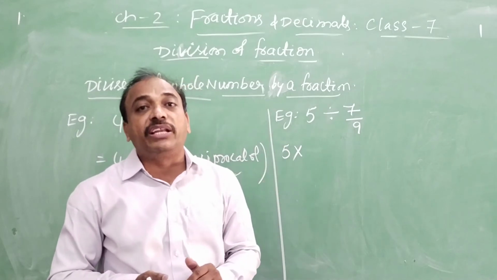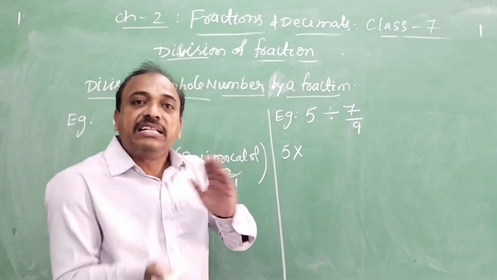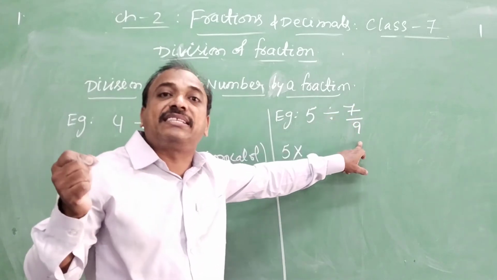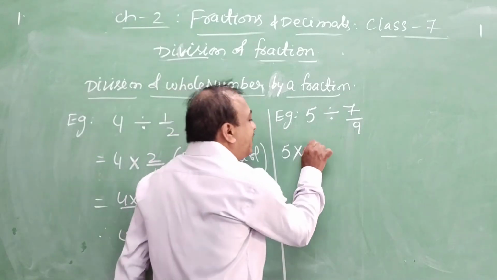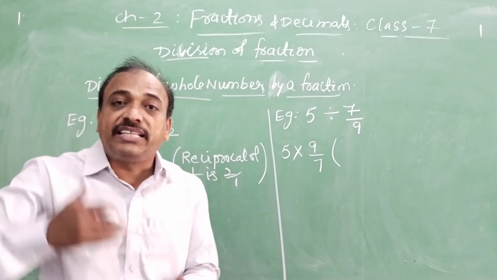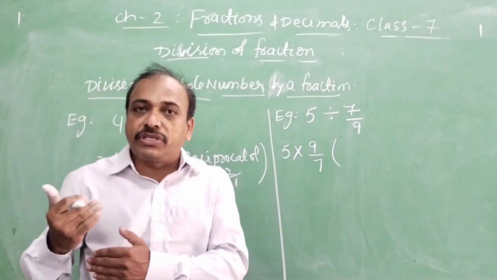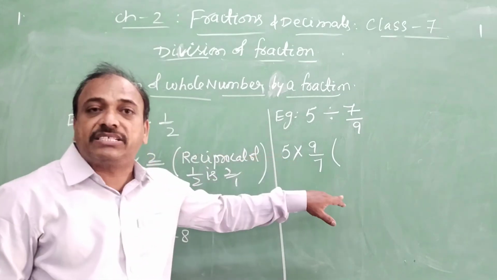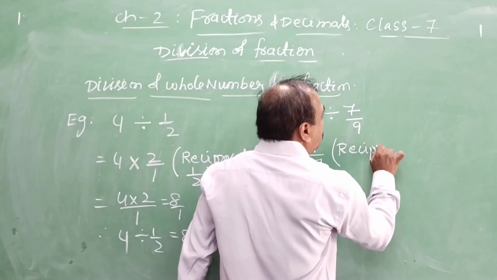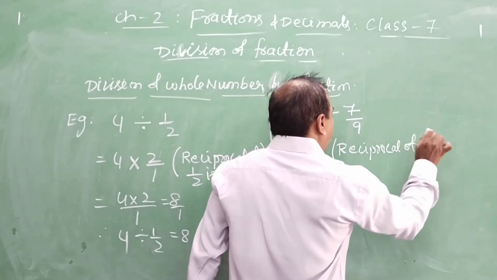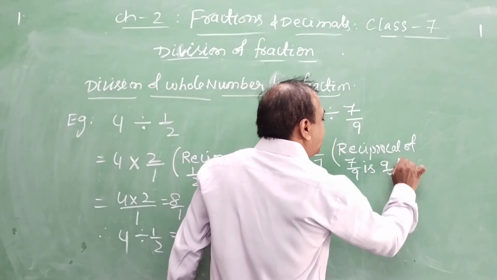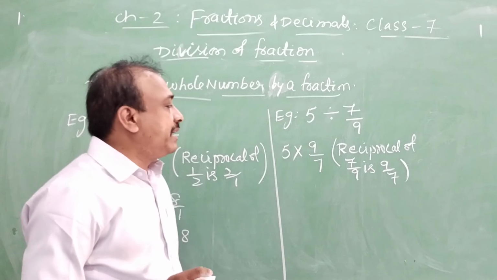Interchange the numerator and denominator. The reciprocal of 7 by 9 is 9 by 7. You should not get confused again and again, so that's the reason we write in brackets: the reciprocal of 7 by 9 is 9 by 7.